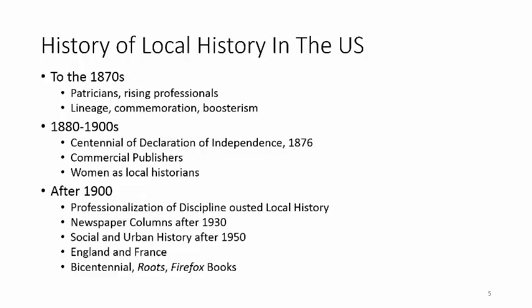In the United States, patrician historians and rising professionals such as newspaper editors, doctors, and lawyers wrote local histories into the 1870s. Their attitudes about local history writing shaped the field into the late 20th century.